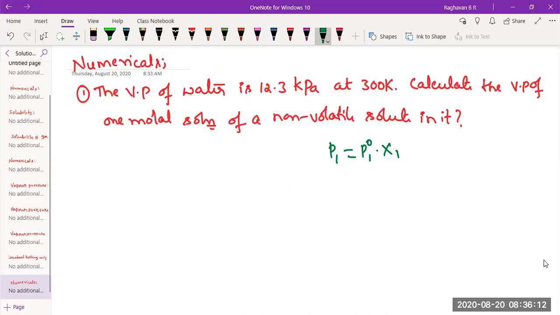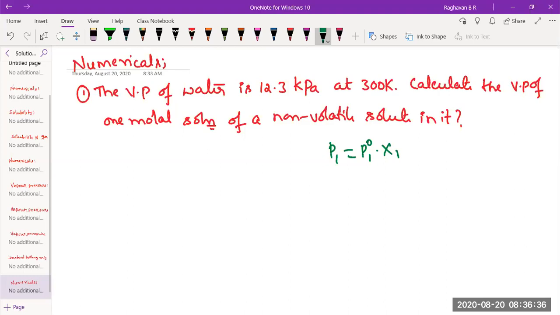So come on. You just need to calculate X1, that we have done already, and P01 they have given, just the product of that. Now to calculate X1, the number of moles is required, so mass is required. That data can be obtained from the sentence 1 molal solution. So 1 molal solution means what?